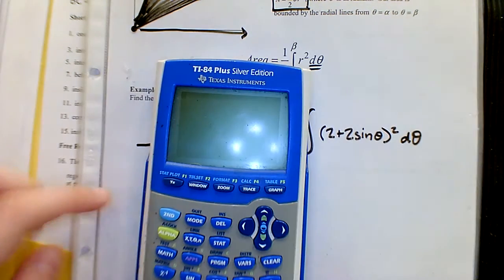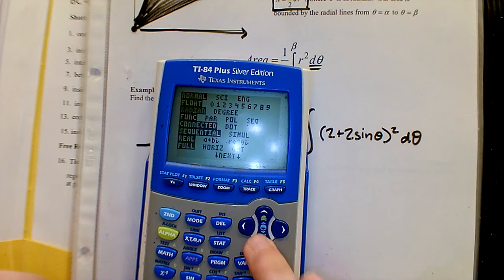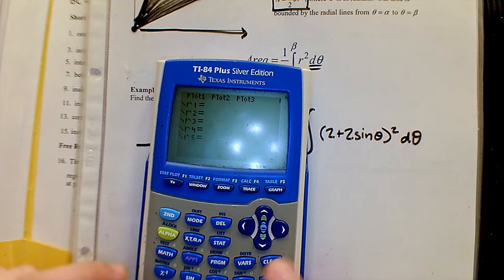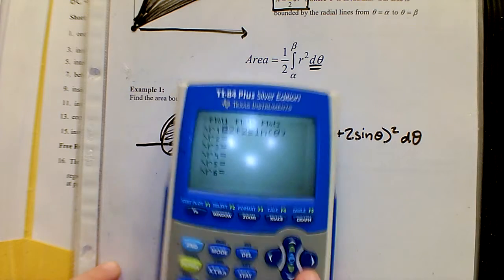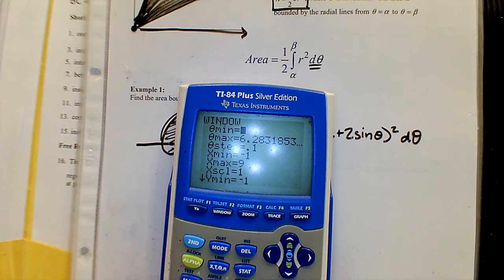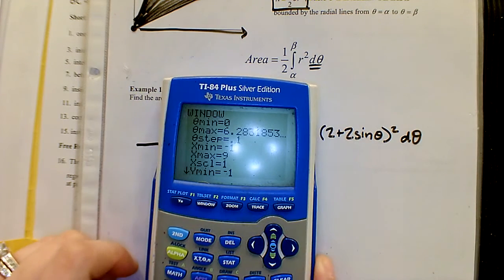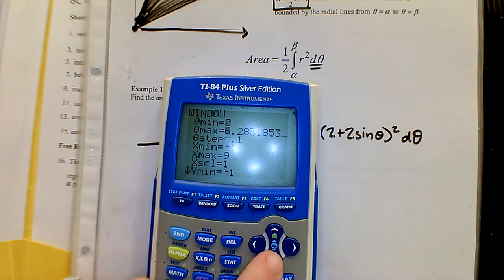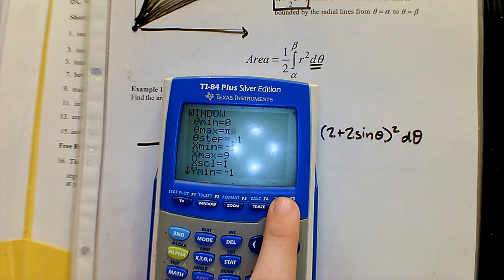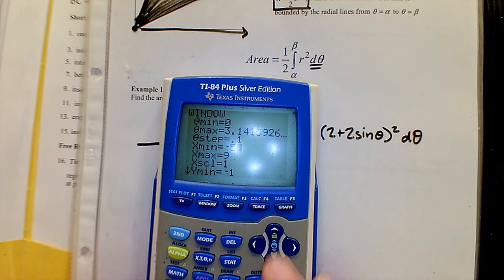Okay, so let's go ahead and make sure we're in polar mode, and we'll type in 2 plus 2 sine theta. Before we hit graph, let's go to our window. Let's start with a low theta value of 0, and maybe we'll change the theta max to pi, 3.14. And maybe I'll change my window to -5, +5 in every direction.